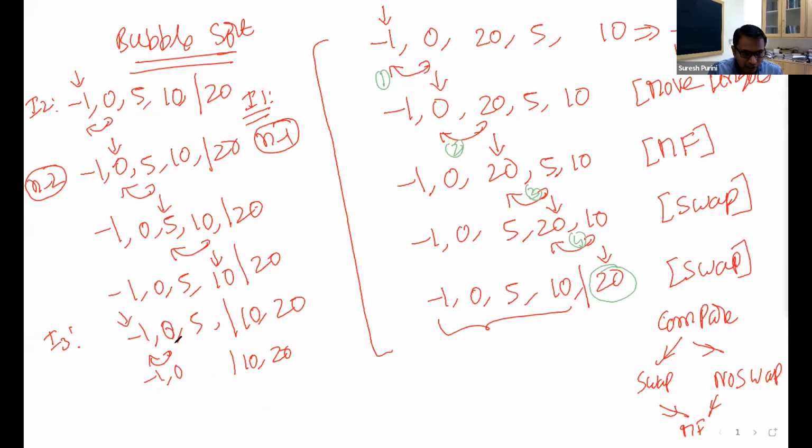You just move the finger to 0. Then you compare 0 with 5. 0 is less than 5, so you just move the finger to 5 and then the list ends there. When there are no swaps, when there is only finger moving, can we safely say that the list is already sorted, and that we don't need to go to the next iteration?